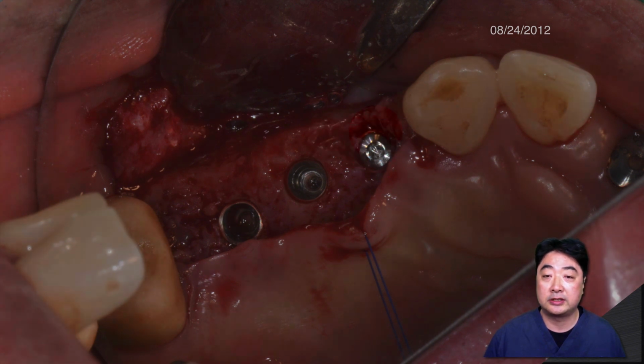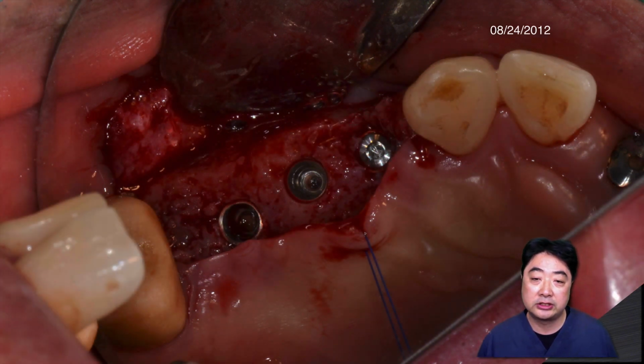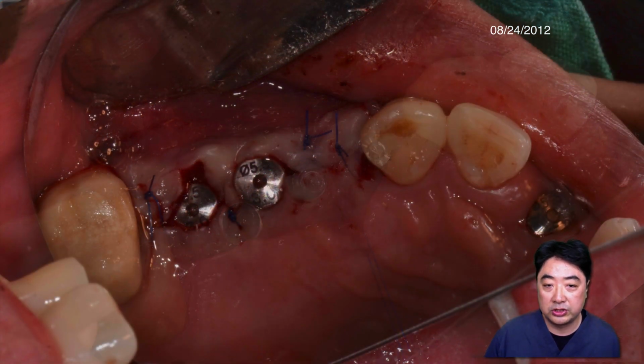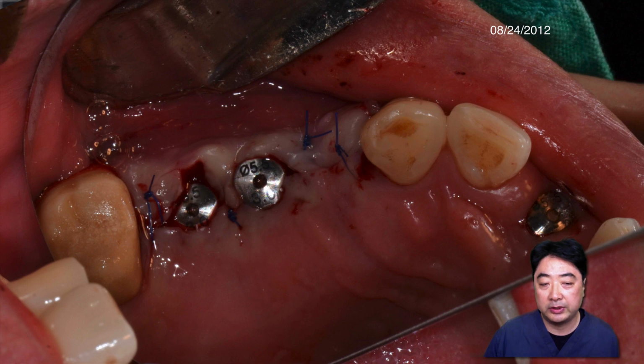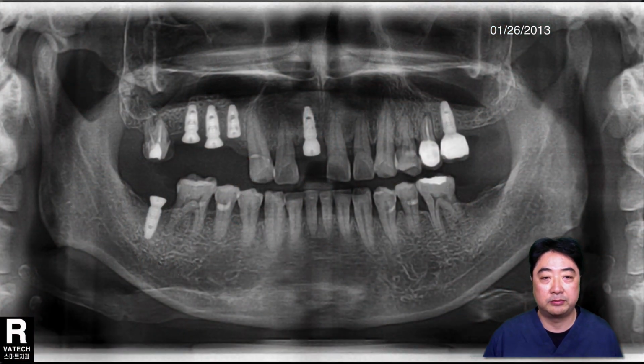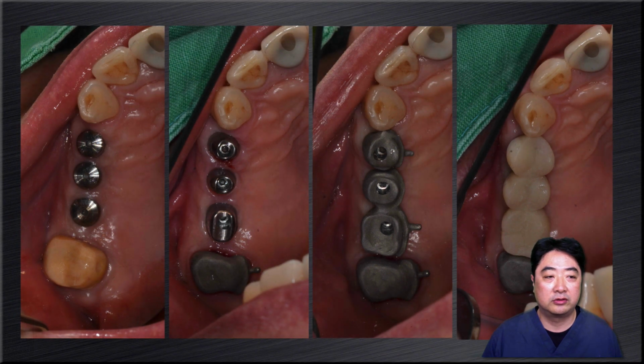The one I placed on the GBR site did not have enough initial stability, so I decided to submerge the number 14 implant. Other than the number 14 implant, I connected healing abutments like this. By the time I placed the implants, this is how it looks.